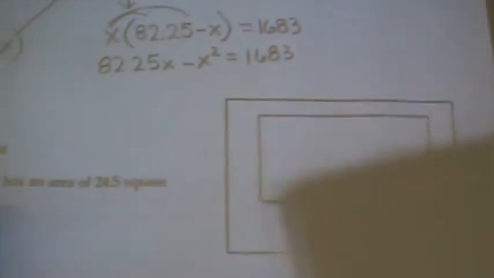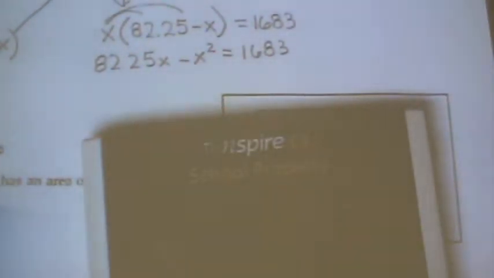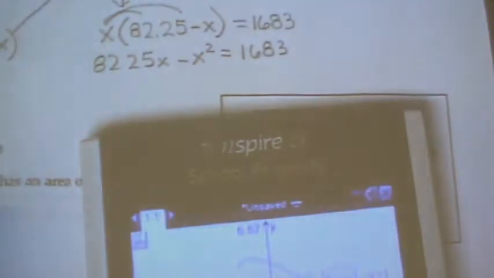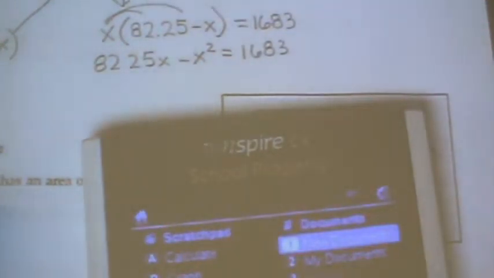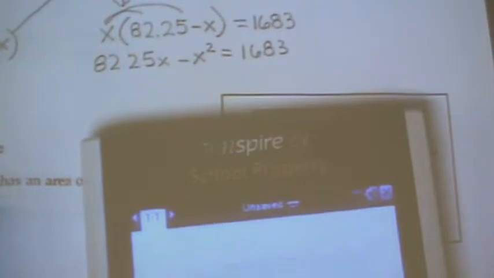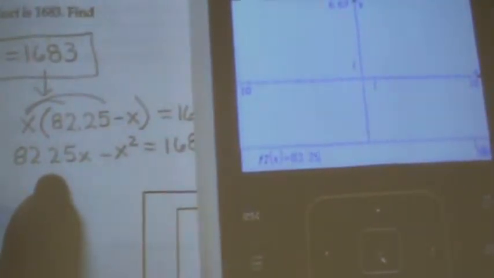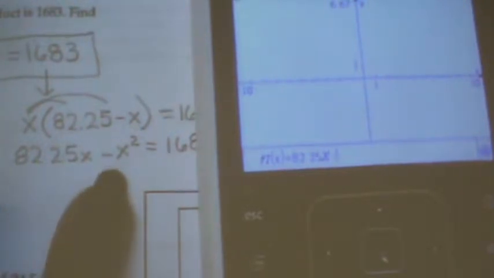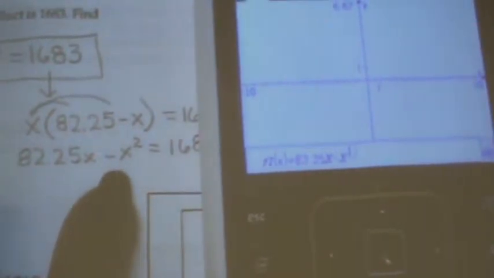So let's do that. Let's use technology here, and we're going to do new document. I'm going to add a graph. I'm going to type in here, like I've been doing, 82.25x minus x squared, and then minus 1683.